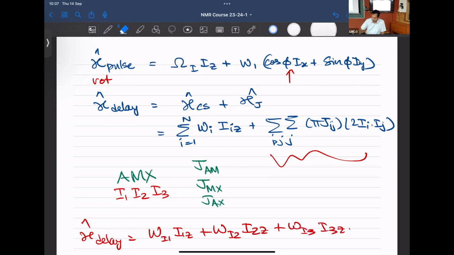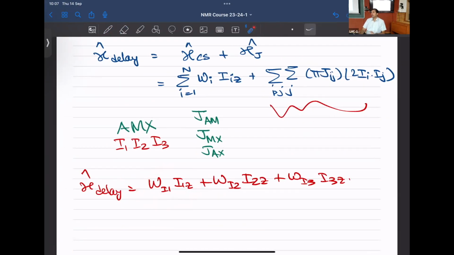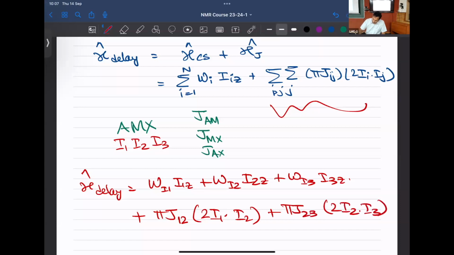Just for the sake of simplicity, don't try writing omega 1 because that will confuse you with the pulse that is being applied. Okay, so be a little careful. Plus pi J12 times I1 dot I2, plus pi J23 times I2 dot I3, plus pi J13 times I1 dot I3.